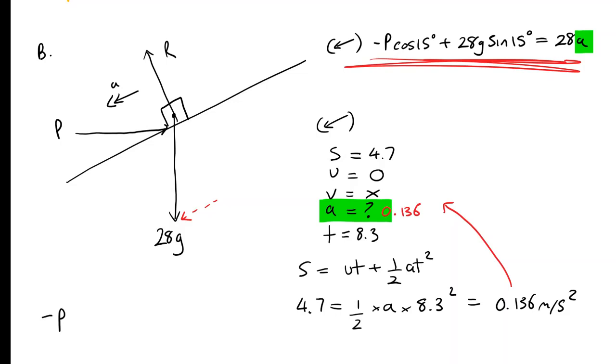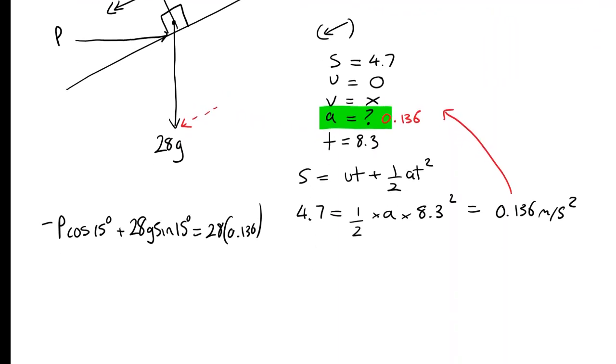So minus P cos 15 degrees plus 28g sine 15 degrees is equal to 28 multiplied by 0.136. We need to make P the subject of the equation.